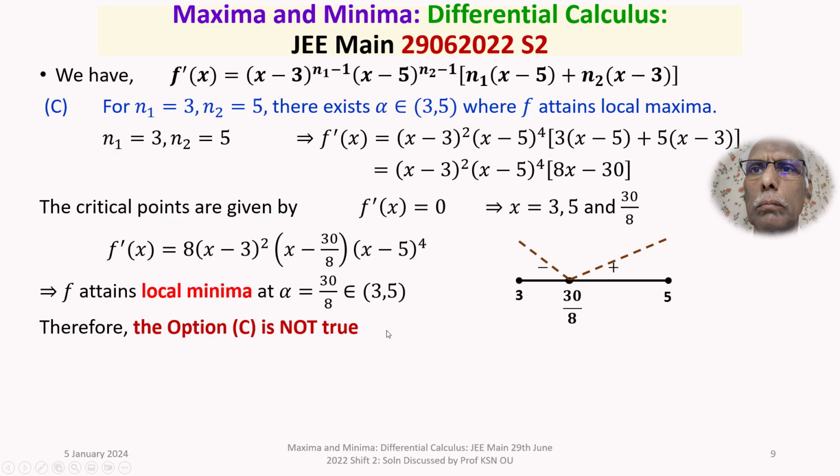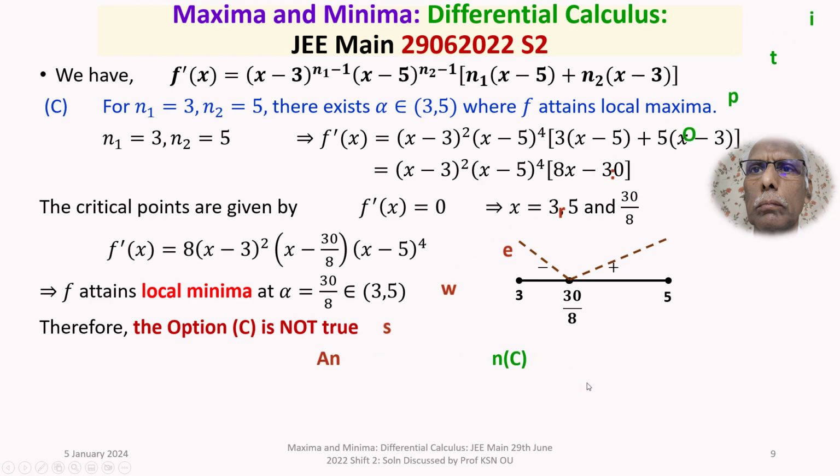That's our answer. You can check option D; that will also turn out to be true. We stop here. So the answer for this question is option C, because we have to find the option which is not true.